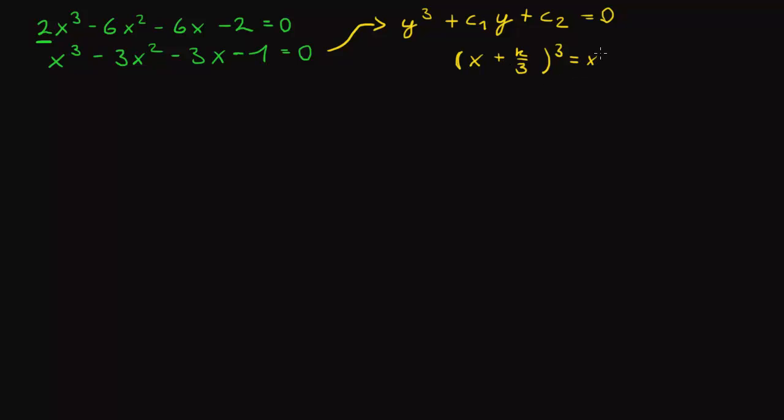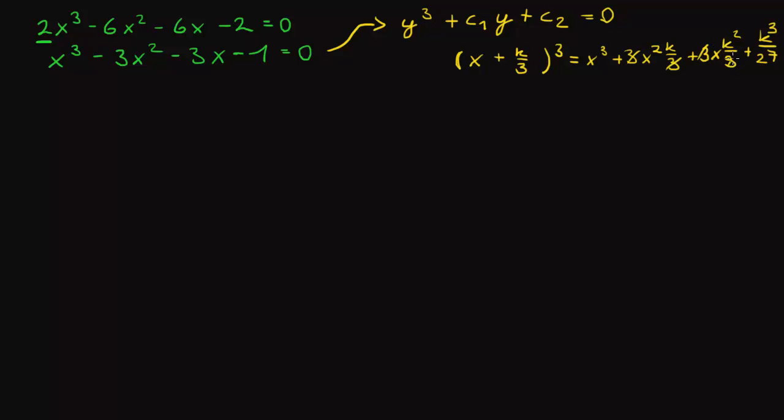Well, this is equal to x to the third plus 3 times x to the second power times k over 3, so the 3's cancel out, plus 3 times x times k squared over 9, plus k to the third over 27. 3 to the third power, right?